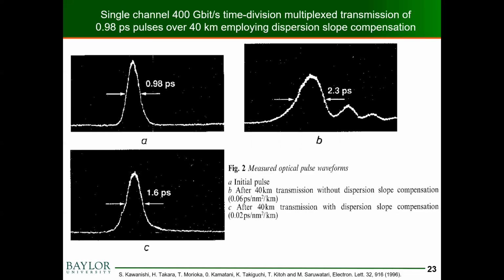In this case, if we compensate this third order dispersion, we will get this original pulse back. But it's not exactly the original, because there might be some high order effect involved.